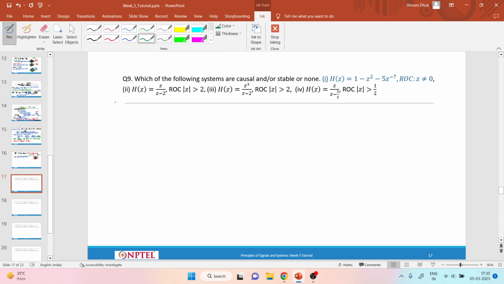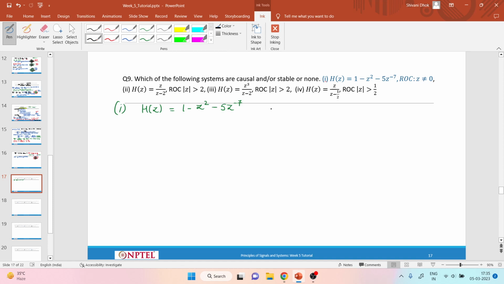So the very first one that we are given is h of z is equal to 1 minus z square minus 5z to the power minus 7.